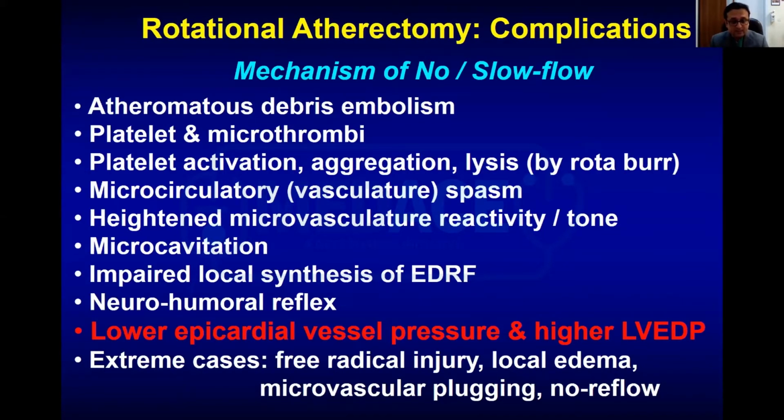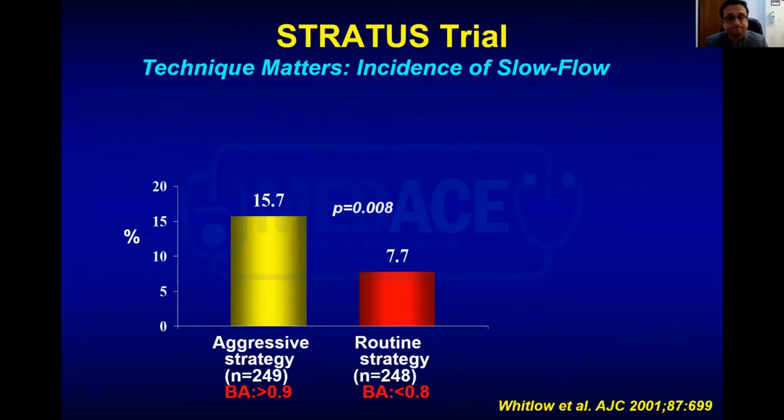So maybe these are the ones we can try to improve their hemodynamics a bit better, maybe give them 80 or 100 Lasix even before you even start rotablating, get them catheterized, get the blood pressure up with some sort of hemodynamic support before you actually start the procedure, not in the middle of the procedure, because they don't give you much time. Once they go down, these sick patients, then you don't really have much room in what you can do.